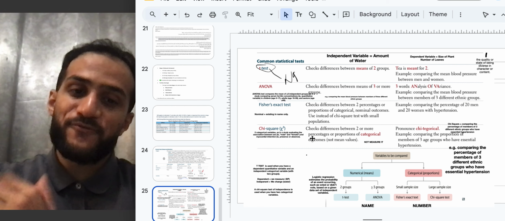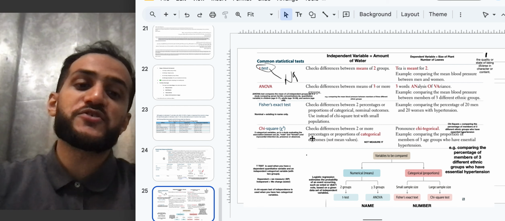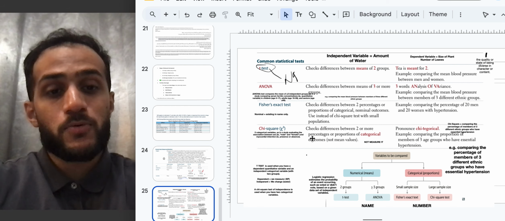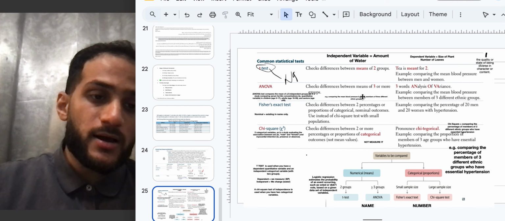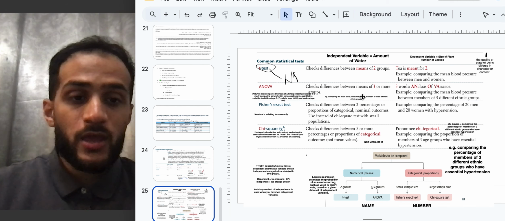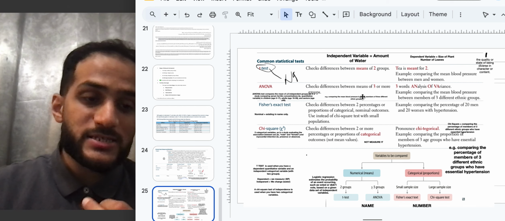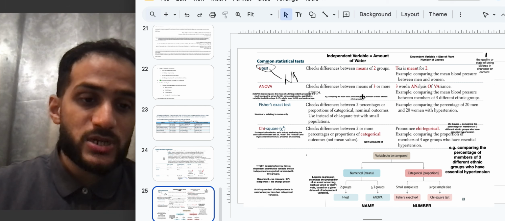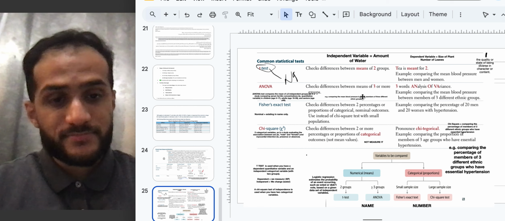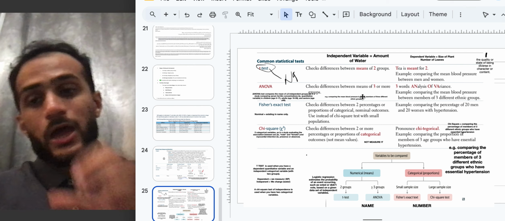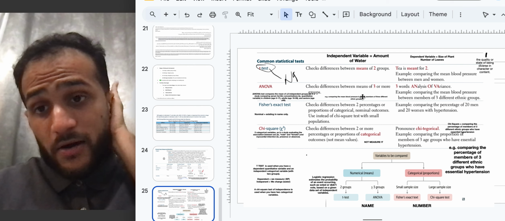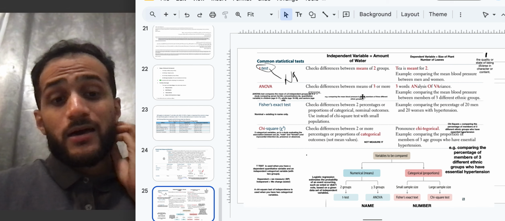Chi-square test, guys, very similar, but there's going to be a difference. So it checks the difference between two or more percentages of proportional categorical outcomes. So this is going to be comparing the proportion of three age groups who have essential hypertension. So basically you're going to have a large group over here.